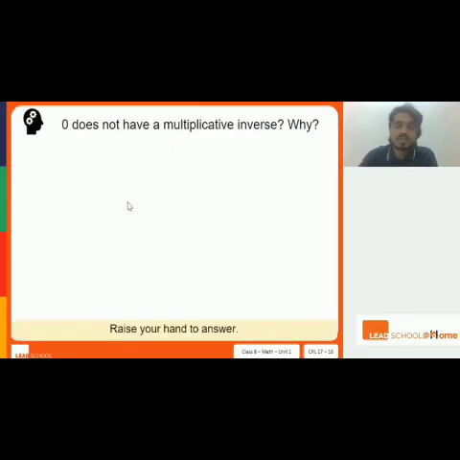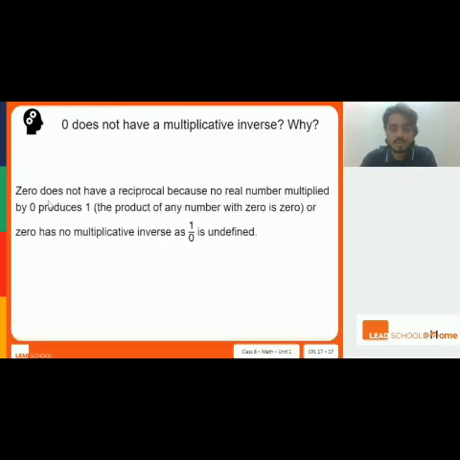Now 0 does not have a multiplicative inverse. Why is that? Because no real number multiplied by 0 results in 1, right? The multiplicative inverse is the number which gives 1 as the answer when multiplied by the number.